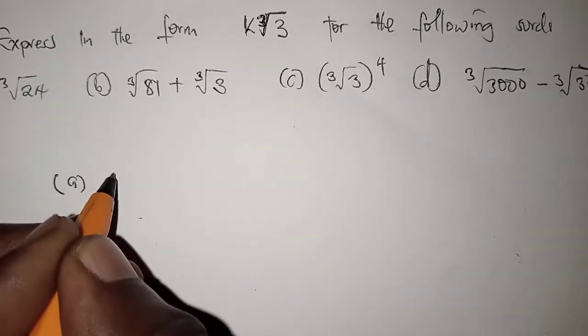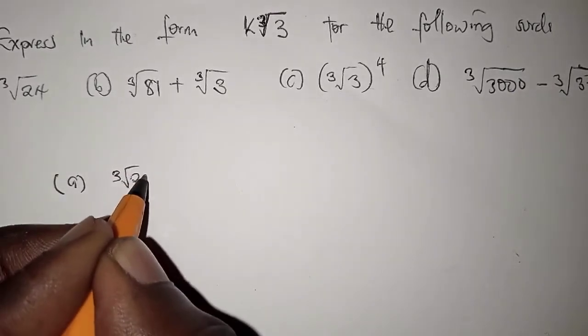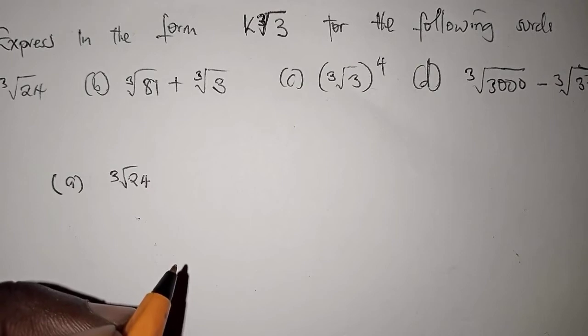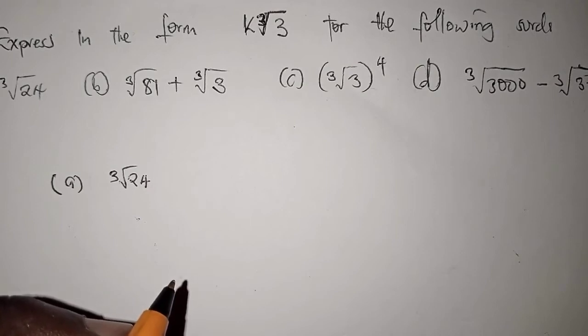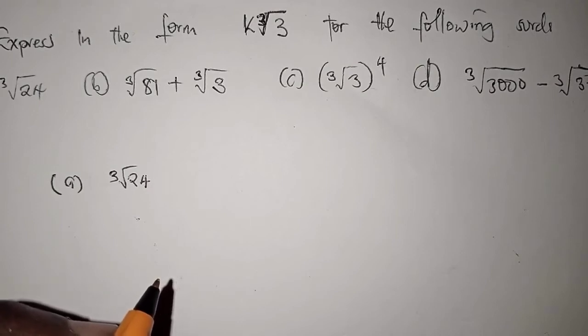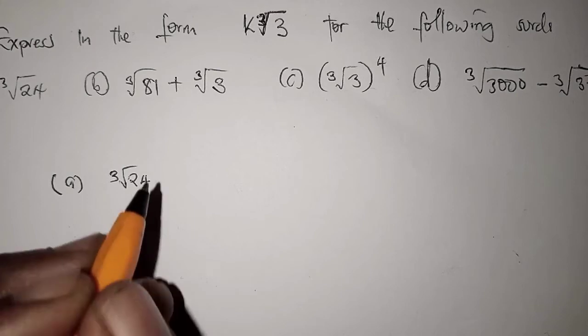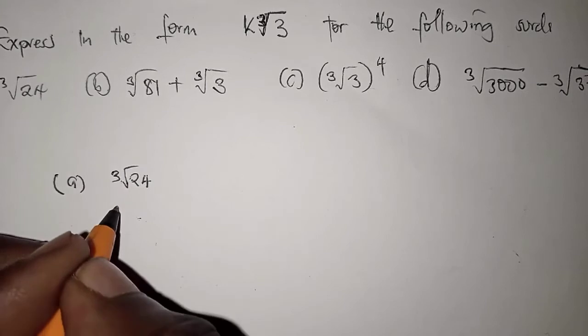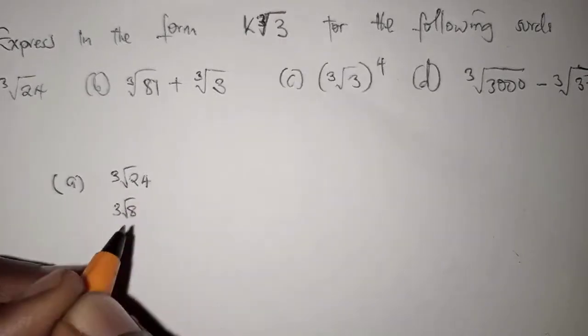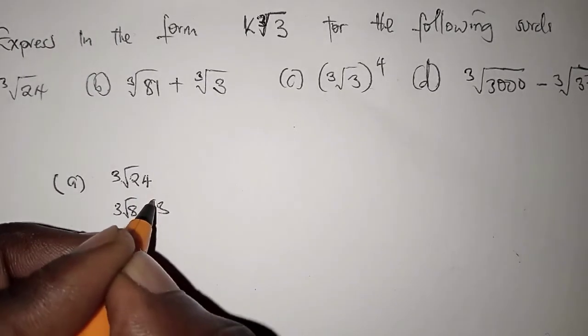Now a, which is the cube root of 24. So what we are going to do is look for two surds that we're going to multiply to give us the cube root of 24 as our product. So those surds are the cube root of 8 multiplied by the cube root of 3.